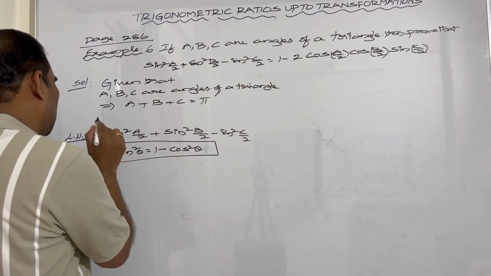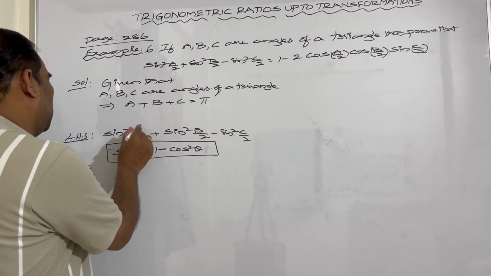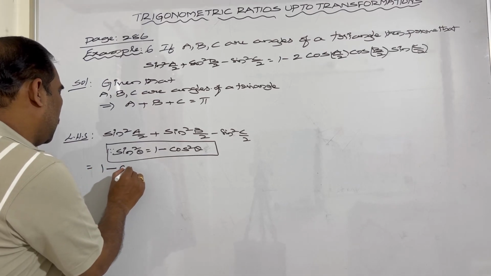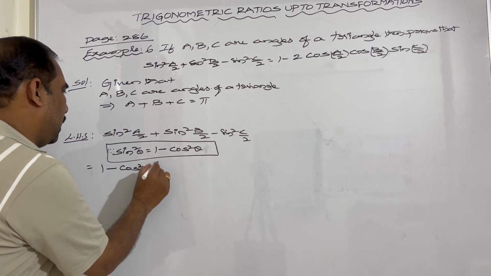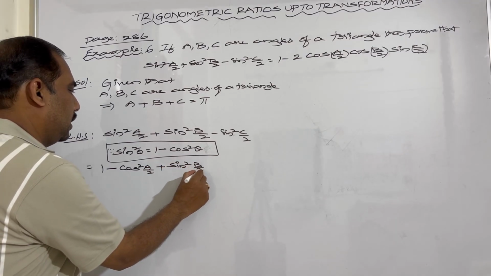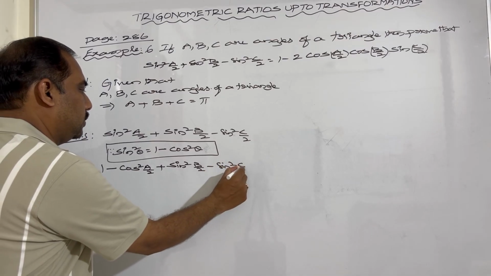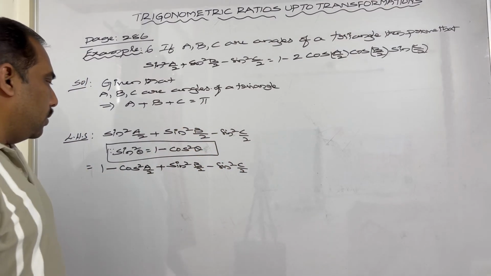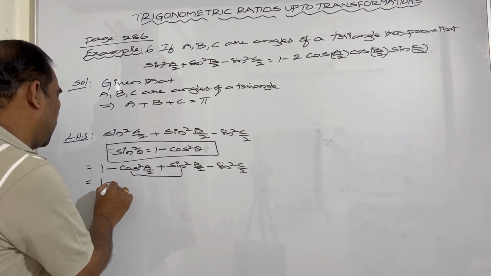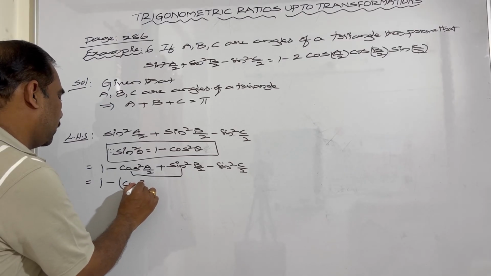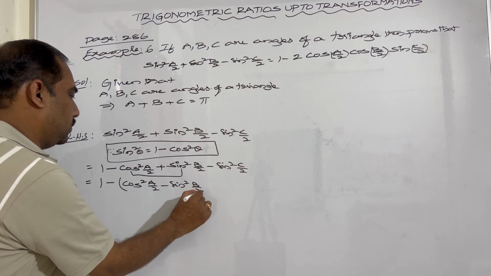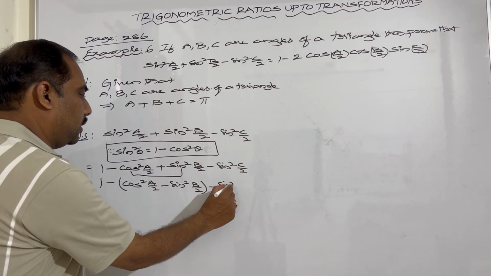So using this identity, sin square A by 2 I write as 1 minus cos square A by 2, and the remaining two terms, sin square B by 2 and minus sin square C by 2, are as they are. Now 1 is written as it is, from these two taking minus common, this is minus of cos square A by 2 minus sin square B by 2, and minus sin square C by 2 is written as it is.